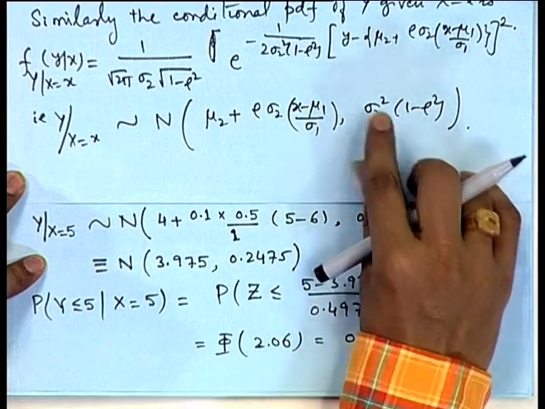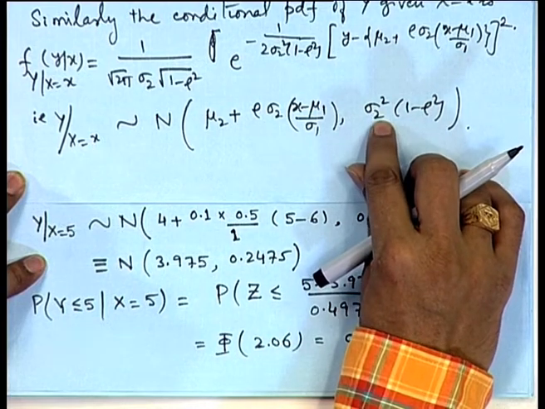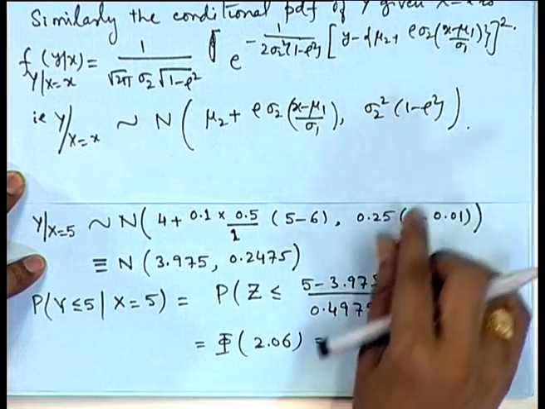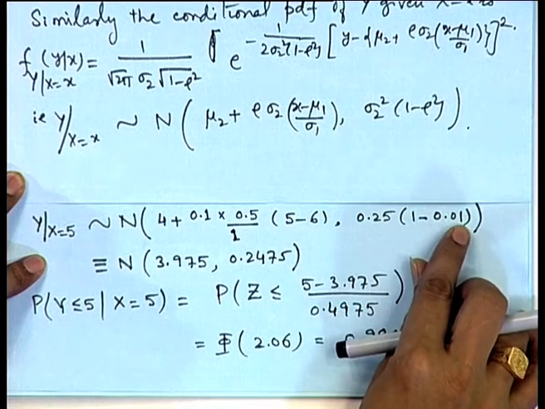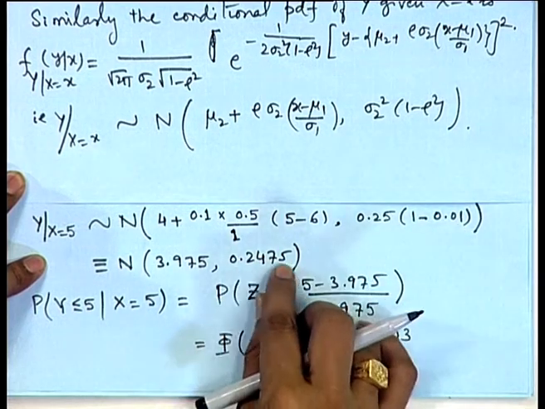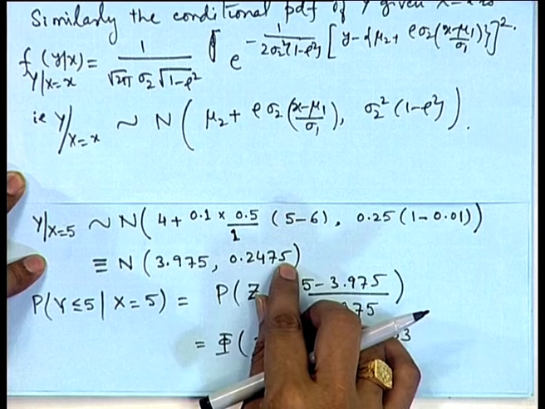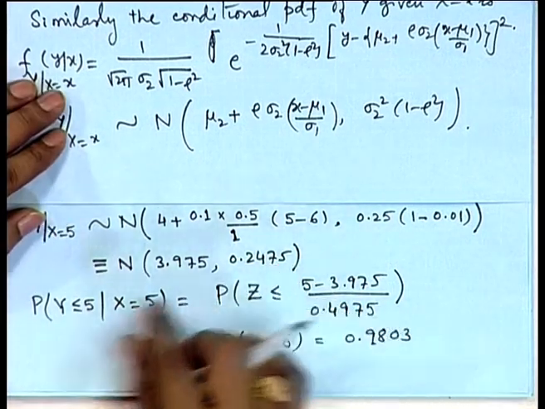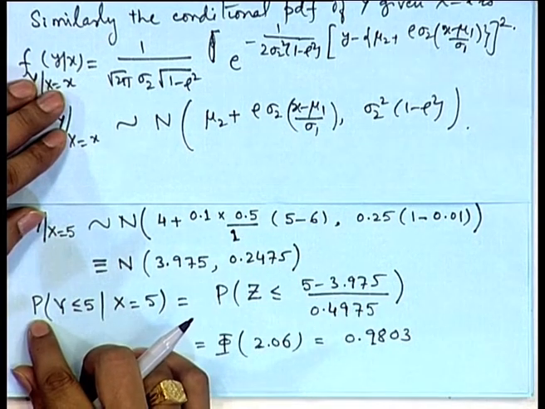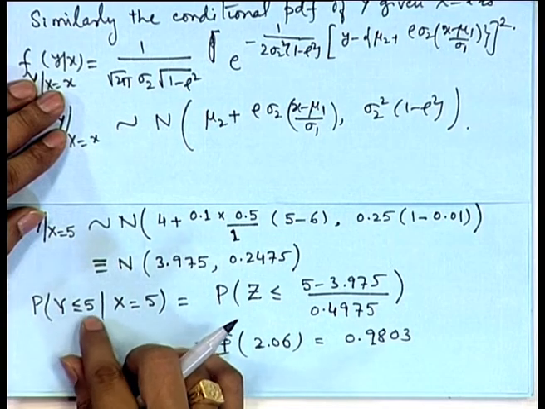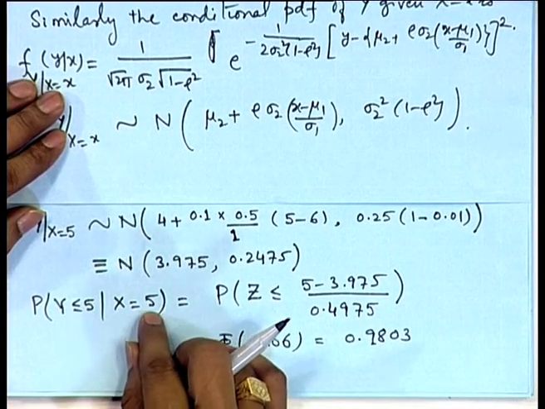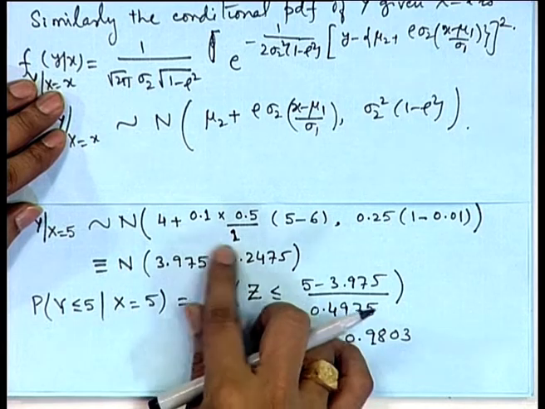The variance of the conditional distribution is sigma 2 square into 1 minus rho square, which is 0.25 into 1 minus 0.01. So it is evaluated to be 0.2475. The conditional probability of y less than or equal to 5 given x equal to 5 can be calculated from this distribution.